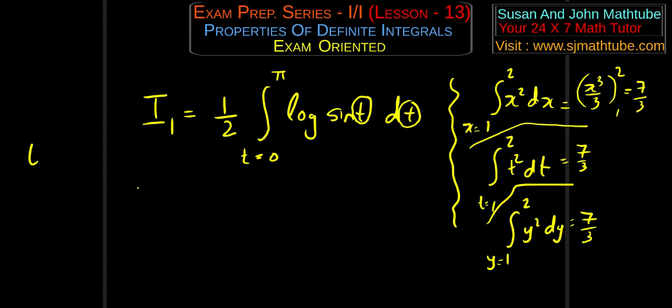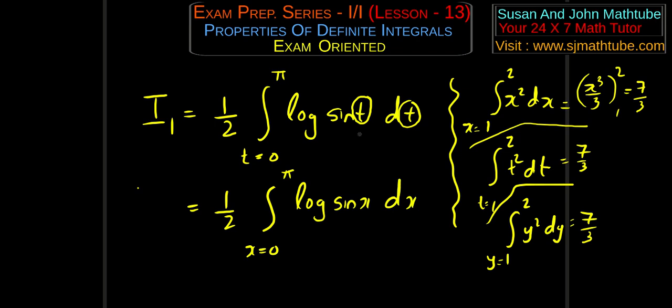Anyway, in the next line I'm going to write, because I feel more comfortable with x, integral x equal to 0 to pi log sin x dx. What is the reason I am allowed to change the variable? It's simply because in a definite integral, the variables do not matter. But remember, the limits and the function, you are not allowed to change that.